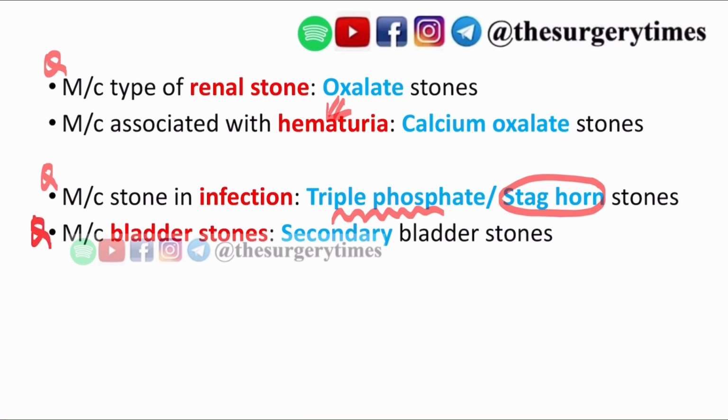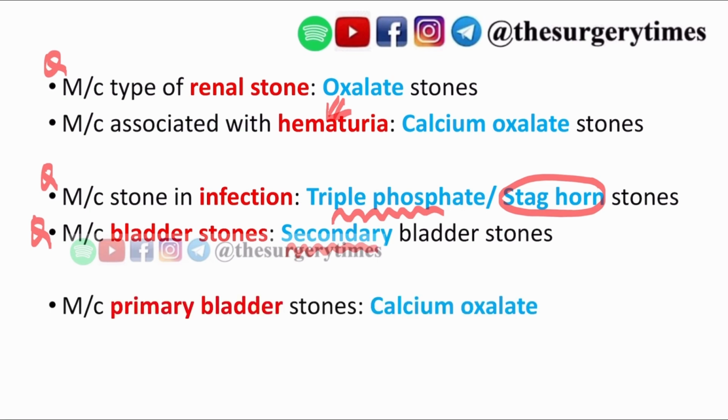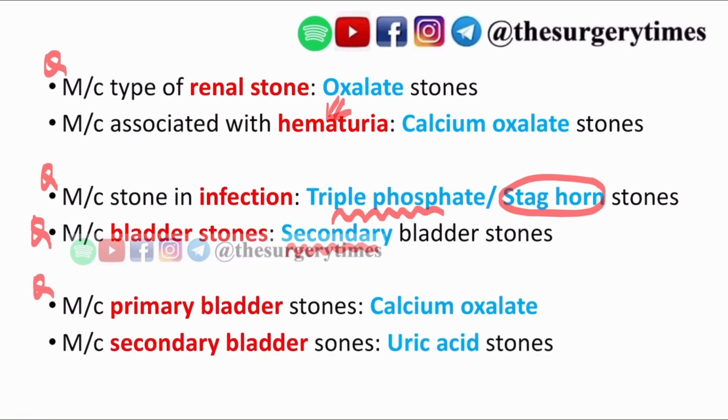Most common bladder stone, this is a very confusing question, is secondary bladder stones. Most common primary bladder stones are calcium oxalate, whereas most common secondary bladder stones are uric acid stones. So C followed by U for bladder stones.